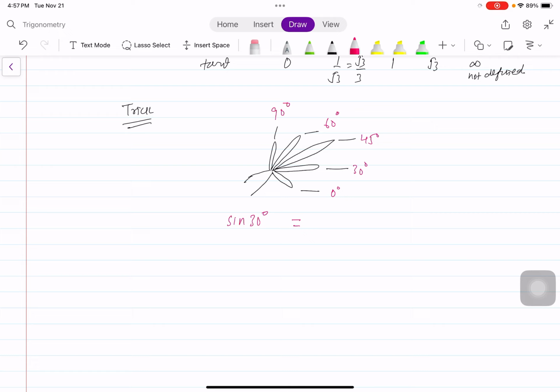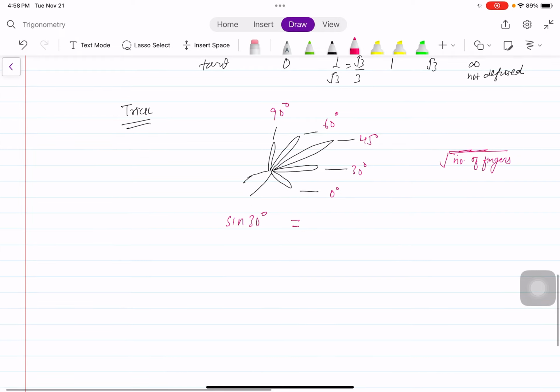You will use this formula: the square root of the number of fingers, divided by 2.